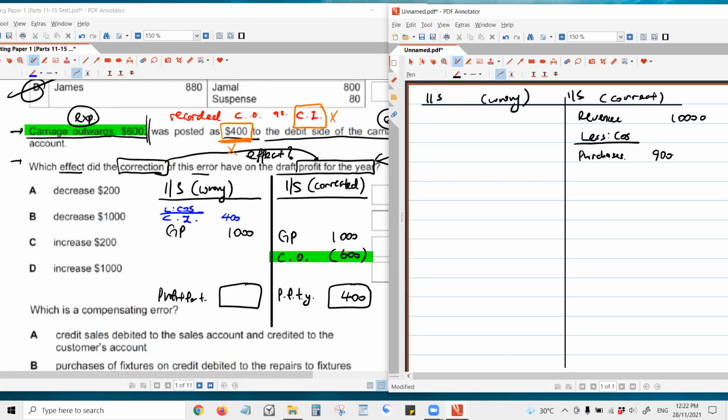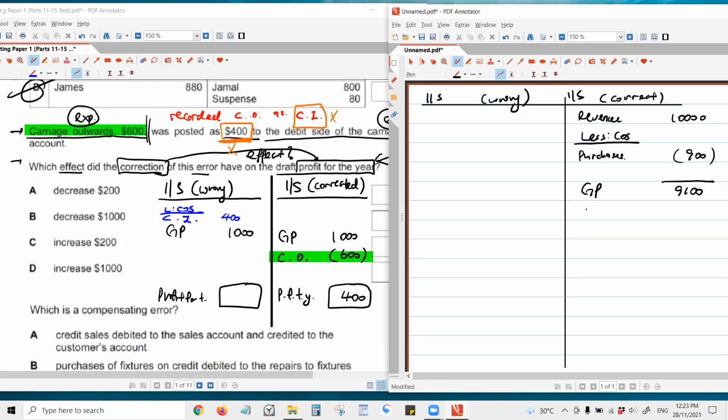Let's say there's no closing inventory and no opening inventory. So you straight away minus the 900, and you get 9,100. Is that correct?